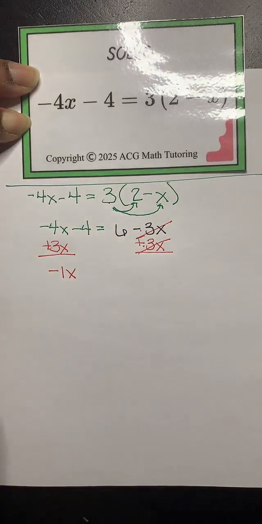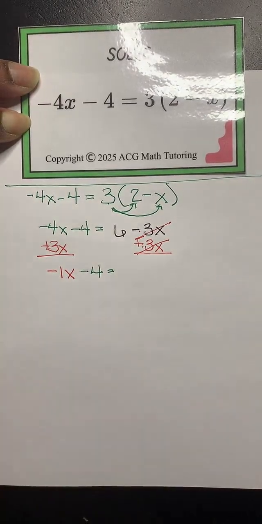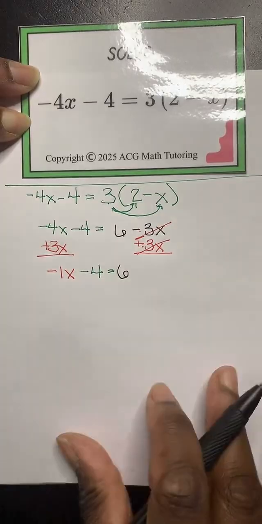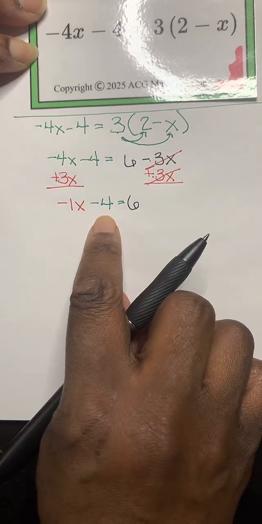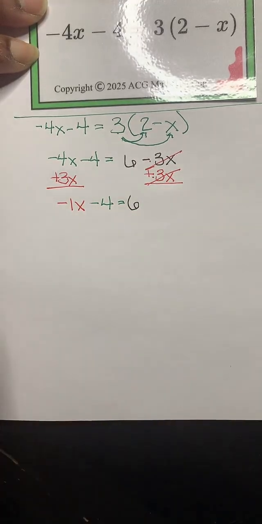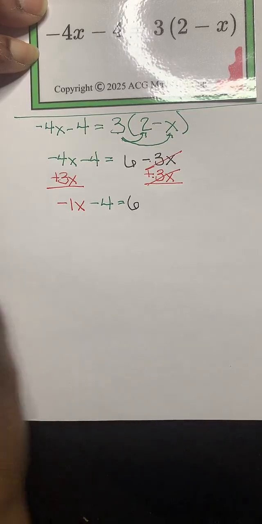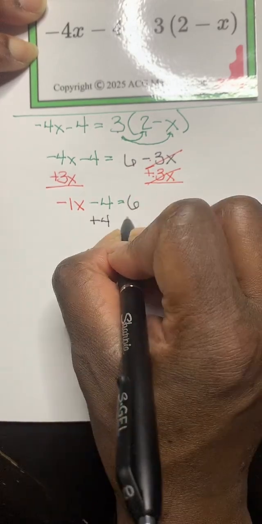Give me my money. Now I want to get x by itself, so this minus 4 needs to go. In order for it to go to the other side, I have to think of the opposite. The opposite of minus 4 is plus 4.